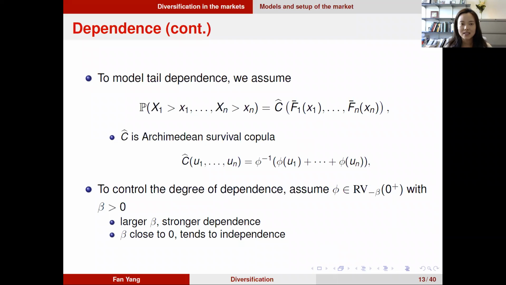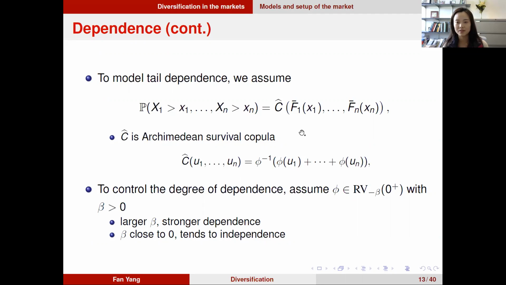In our setting, since we focus on tail dependence, where we care about whether the extreme losses are dependent, we impose the dependence on the survival probability. So we assume the survival probability follows an Archimedean copula. C hat here is an Archimedean survival copula. It's just a notation, but itself is still an Archimedean copula.